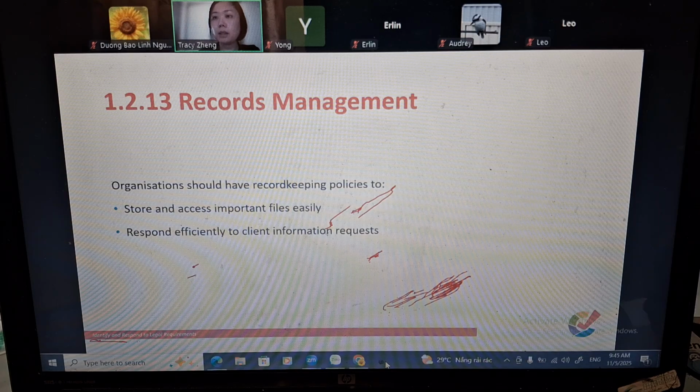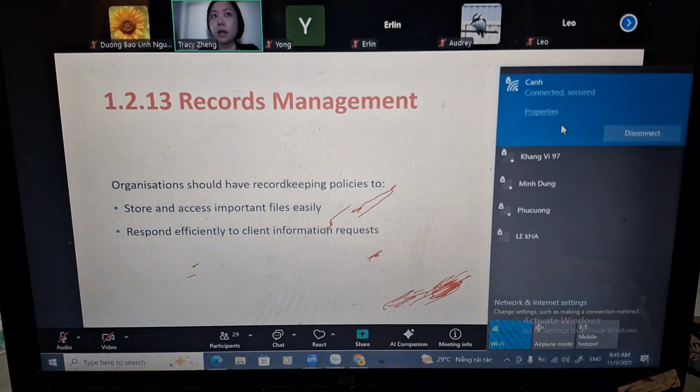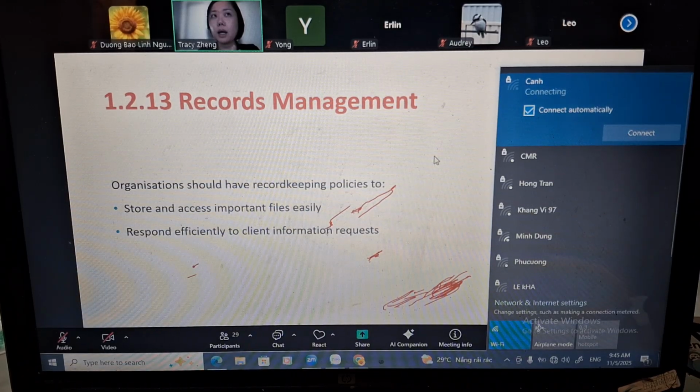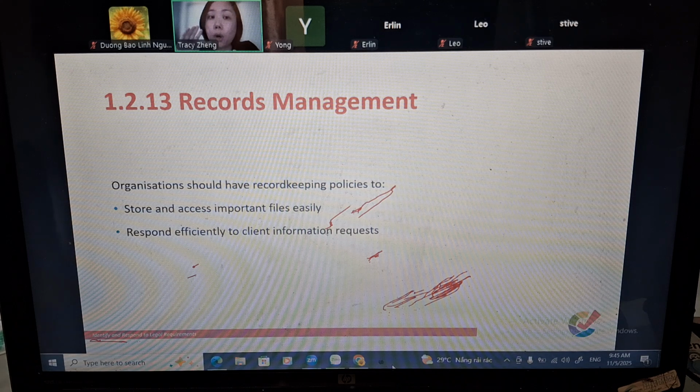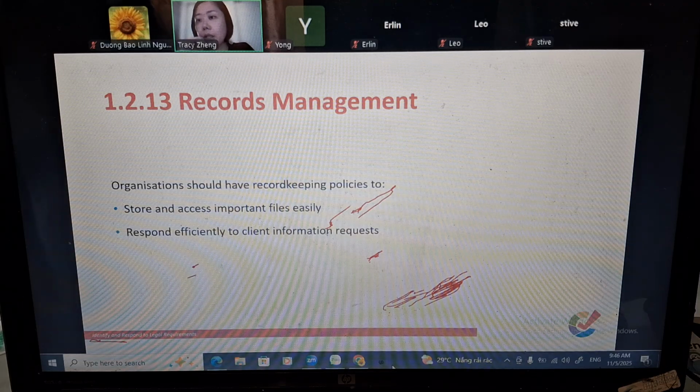Even though your clients have left, their records need to be stored properly, and we keep them for at least 5 to 7 years. Some facilities may keep them for even 8 to 10 years, so it depends on the organization. But at least your organization must have a proper policy and procedure in place to keep those clients' records.